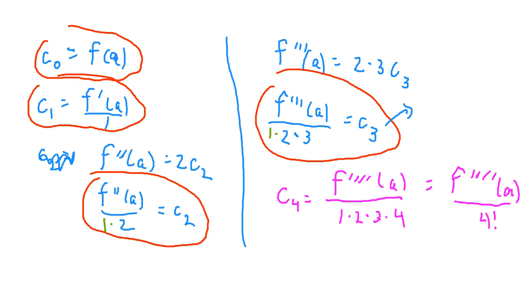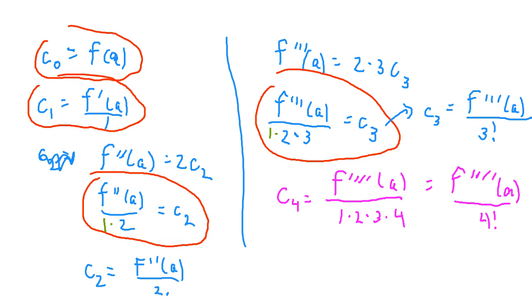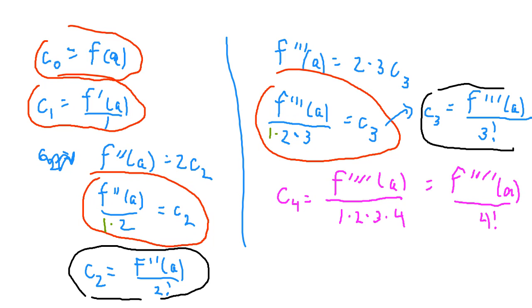Notice also here that C3 is the third derivative of the function evaluated at a over 3 factorial, right? And C2 is the second derivative of a over 2 factorial, because 1 times 2 is 2 factorial.